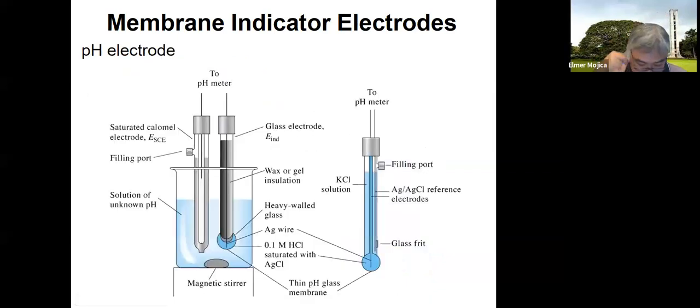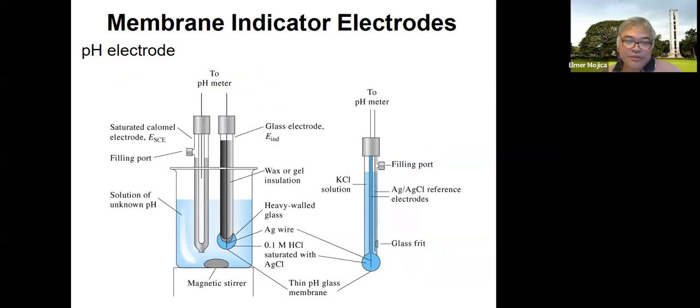Okay, so we will continue. I think we stopped on the pH electrode last time. We already have the so-called membrane indicator electrode, or the ion selective electrode, as we started last time.